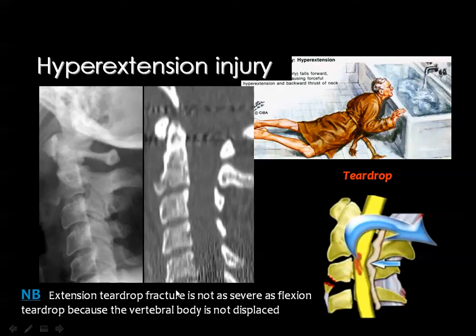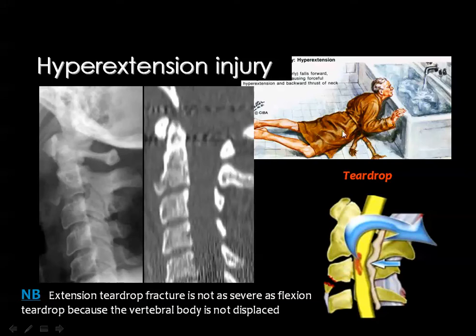This is what we call hyperextension injury with teardrop fracture, which is completely different from the flexion distraction teardrop fracture. This type of fracture is not as severe as the flexion teardrop because the vertebral body is not displaced and is not collapsed.